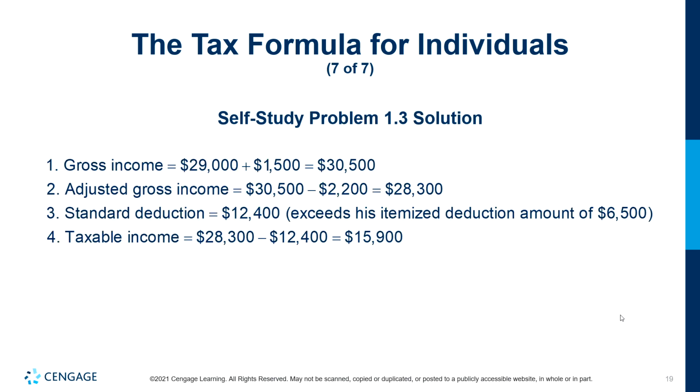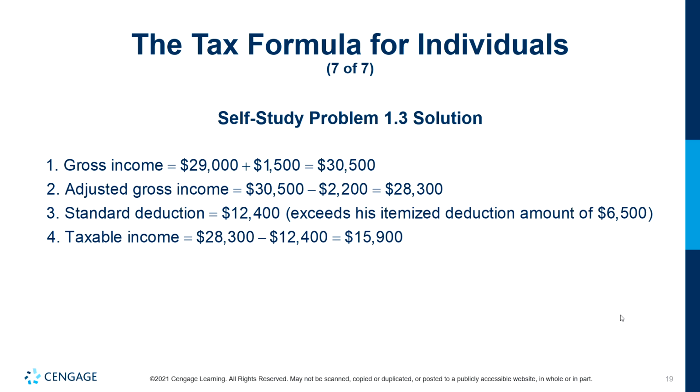Alright, so you ready for this? These are the answers to the problem as it states. With gross income, we count his salary of $29,000, and we add on the interest income.